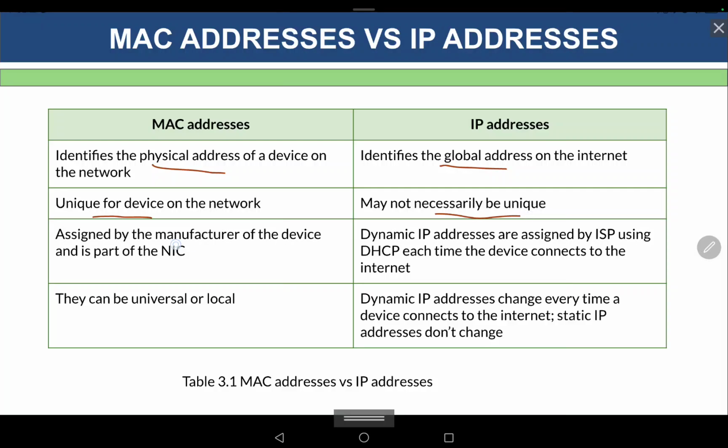It is assigned by the manufacturer of the device and is part of the network interface card. Dynamic IP addresses are assigned by the Internet Service Provider using DHCP each time the device connects to the internet. Also, a MAC address can be universal or local. Dynamic IP addresses change every time a device connects to the internet, while static IP addresses do not change.